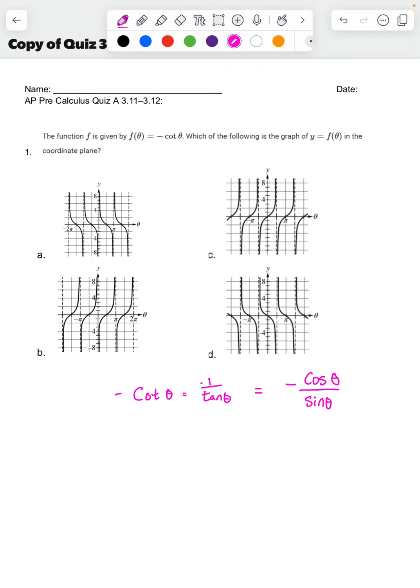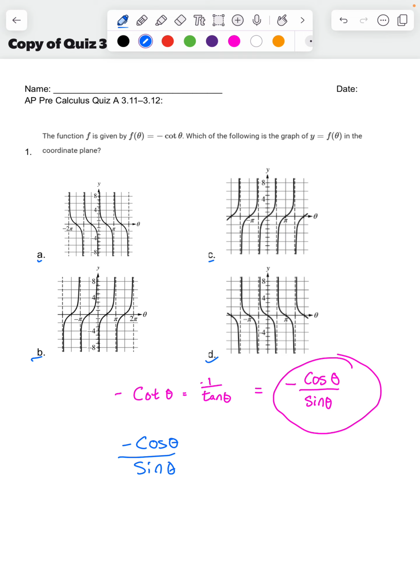And so what we're really going to look at is this one over here, because if we're looking at the graph, we're trying to find the inverse. So if we're looking at cosine of theta over sine of theta, we're trying to figure out which one of these graphs, A, B, C, or D, is our negative cotangent of theta.